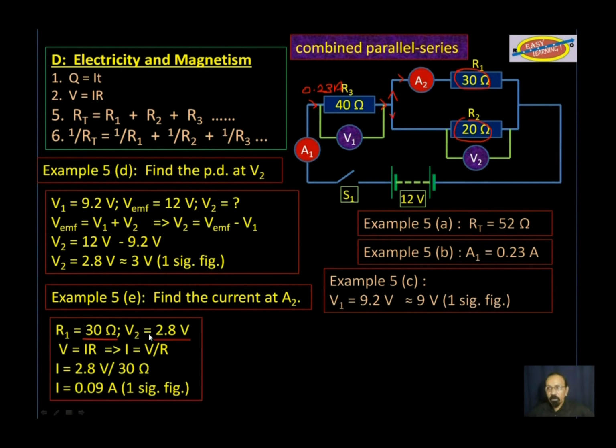We know that V2, that's the voltage across both of these, is the same voltage for parallel components. V is equal to IR. I is equal to V over R. We substitute the numbers we are given and we get 0.09 amp. So up here, out of that 0.23 amp, 0.09 amp goes up here, and of course the rest comes down here.